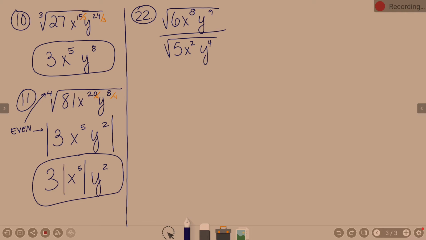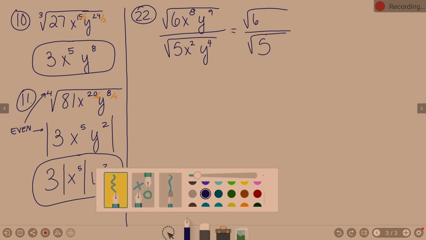Do 6 and 5 divide? No. 6 and 5, they don't divide, they don't reduce. So my whole numbers of 6 and 5 are going to stay as is. Okay. What about x's? X to the 8th and x to the 2nd. Do they divide?